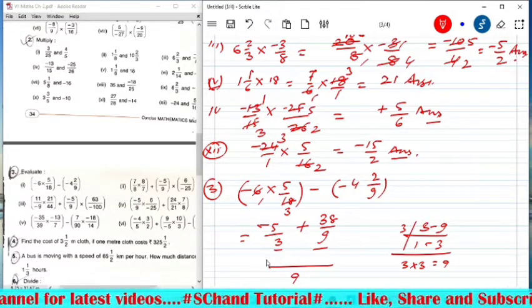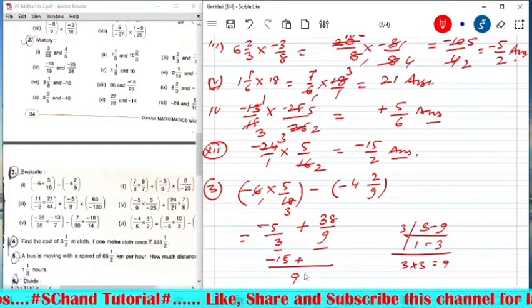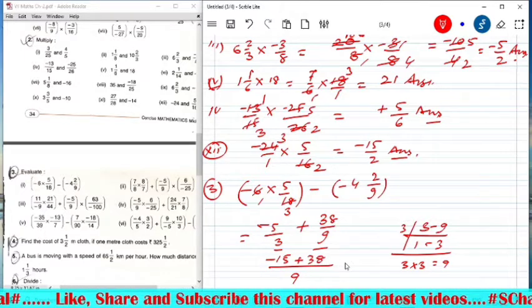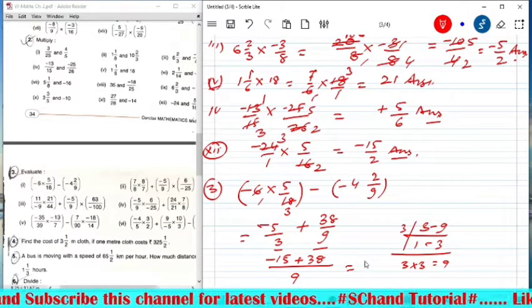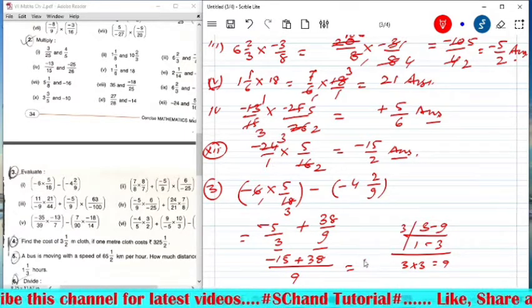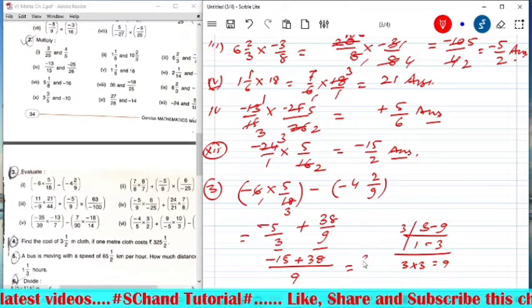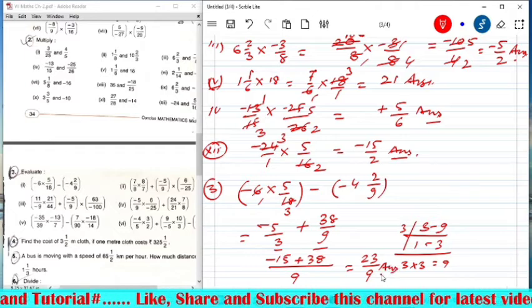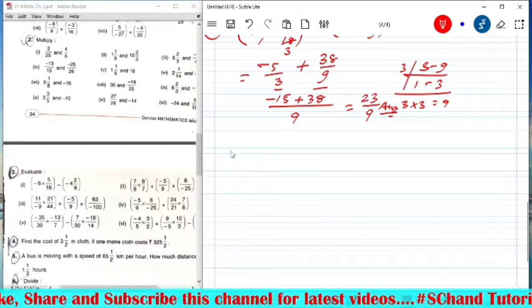Then 3 into 5, minus 15 plus 9 divided by 9, that is 1, and 1 into 38, so 38 minus 15, so it will be 23 over 9. So this will be the answer. So this is how you have to solve the third part.